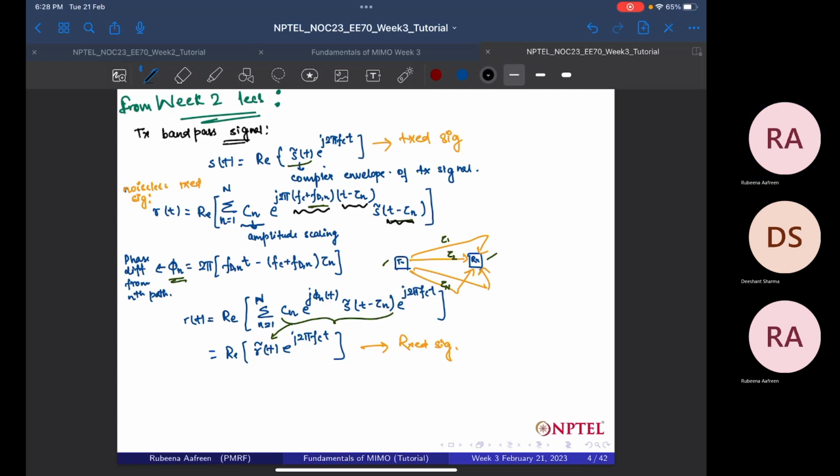We have seen that the phase difference we have taken as phi n, so the whole term is replaced by phi n. Then the received signal we can write as the real part of r tilde t e to the power j 2 pi f c t.